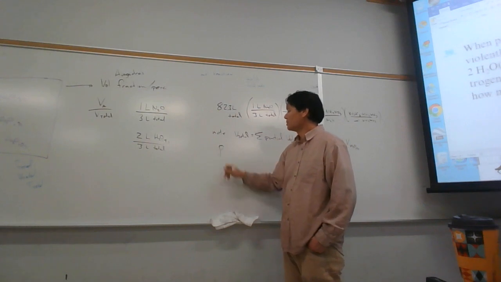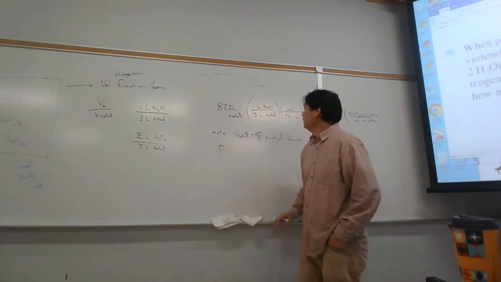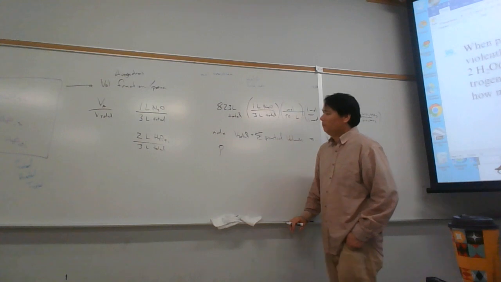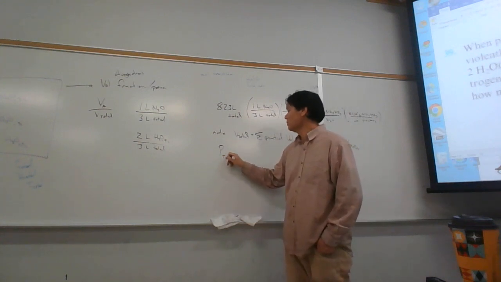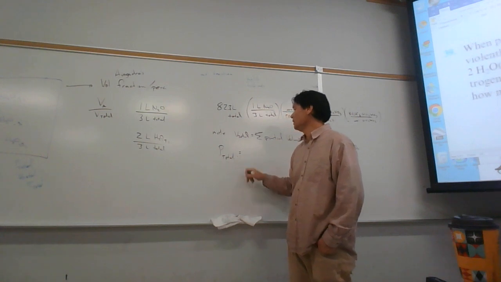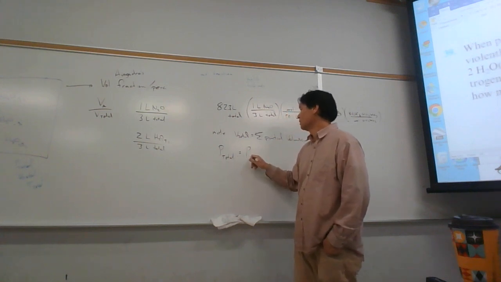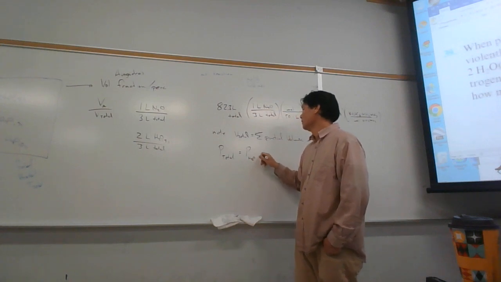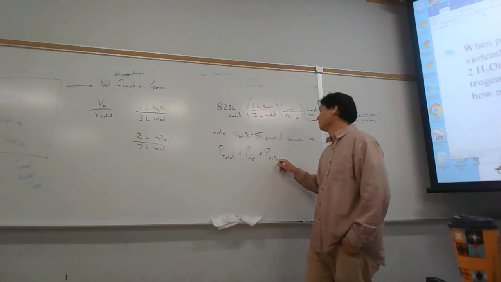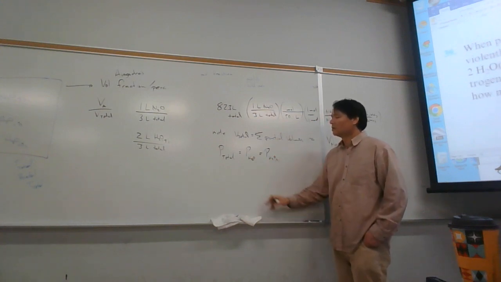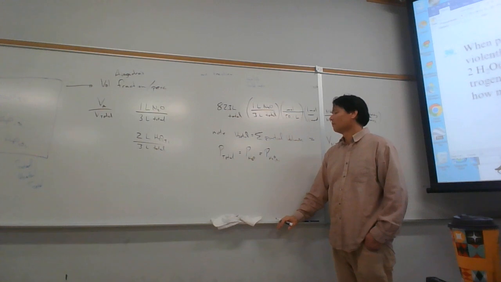What about the pressures? The weird thing about this is the pressures are not additive. And so the total pressure is going to equal the pressure of nitrous oxide, which is equal to the pressure of the water vapor. And so the total pressure is the pressure of the mixture.